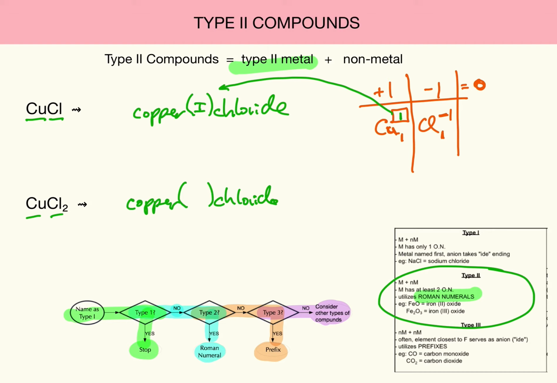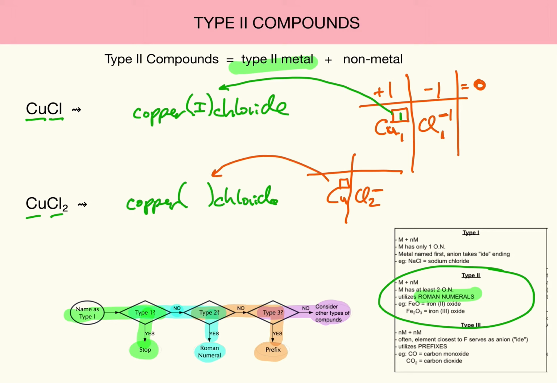Well, let's do the second one. We named the second one as copper chloride, so let's look at that formula and see what charge copper needs to be to make that molecule charge neutral. Copper chloride. The charge is still negative here. We don't know the charge on the copper. That's what we're looking for.